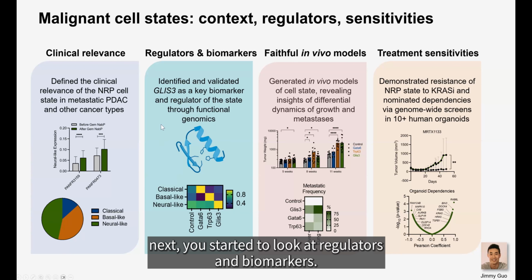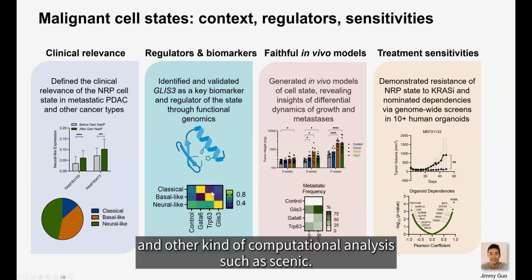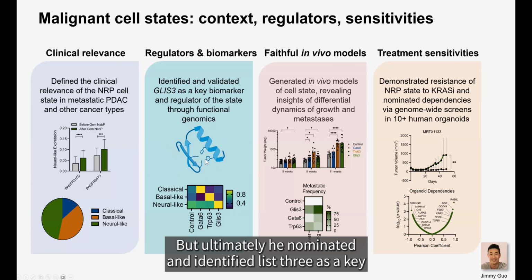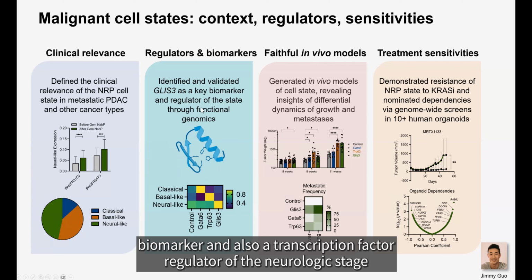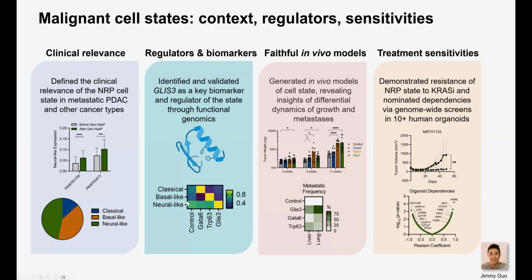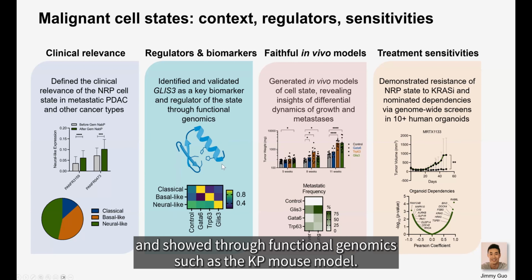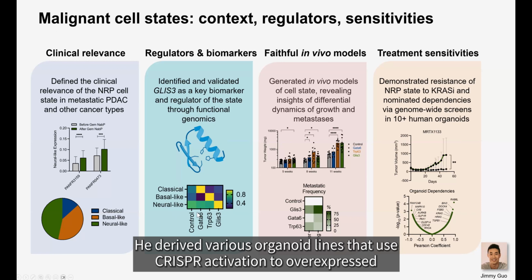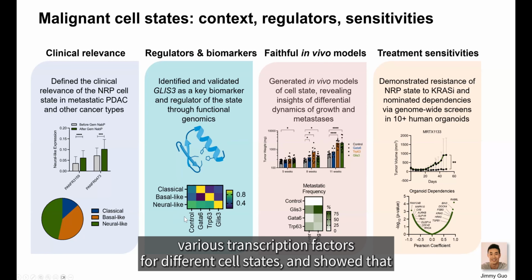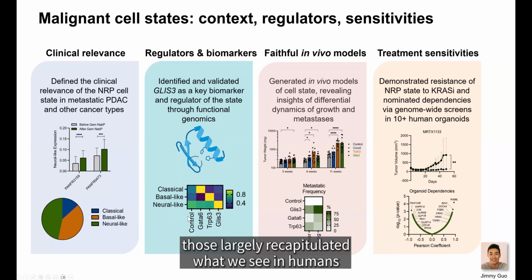Next, he started to look at regulators and biomarkers. There were a lot of dependency map and other kind of computational analyses such as SCENIC, but ultimately he nominated and identified GLIS3 as a key biomarker and also transcription factor regulator of the neural-like state, and showed through functional genomics, such as the KP mouse model, he derived various organoid lines that use CRISPR activation to overexpress various transcription factors for different cell states, and showed that those largely recapitulated what we see in humans.